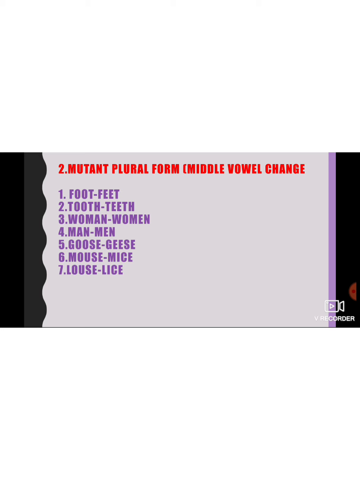For example, foot, that double O is changed into double E. Foot, feet; tooth, teeth; woman, women; man, men; goose, geese; mouse, mice; louse, lice. What is the meaning of louse in Tamil? Like the one we see in our hair, that is it.